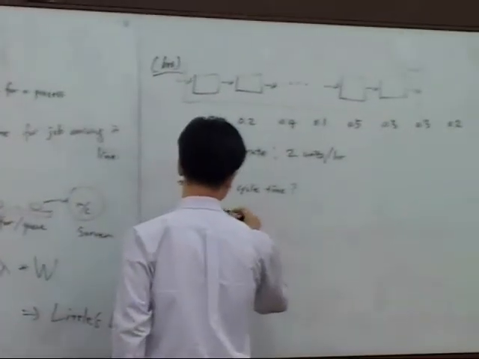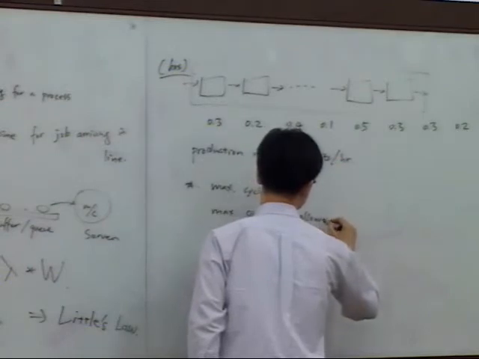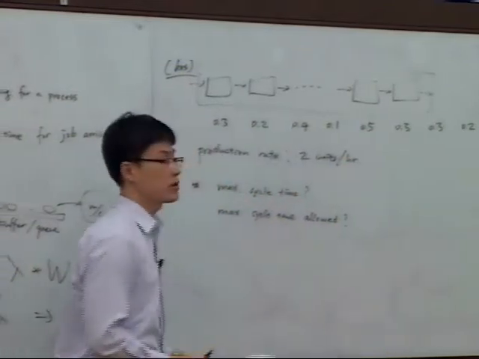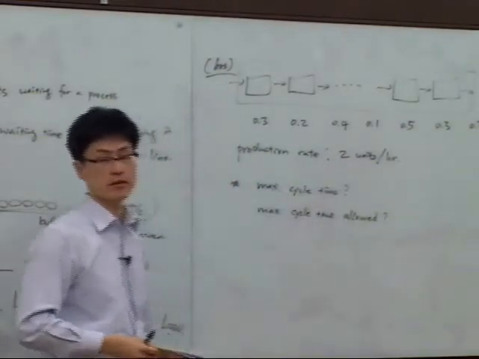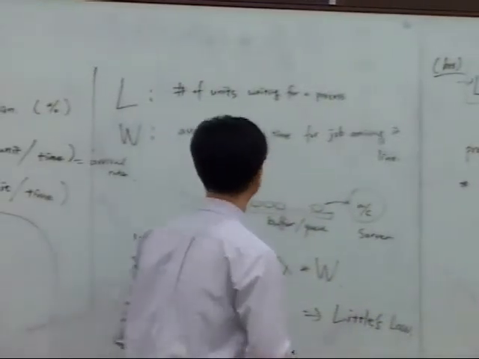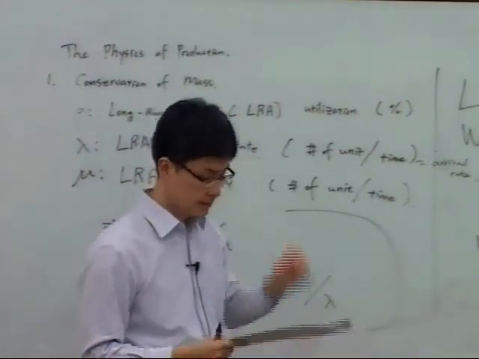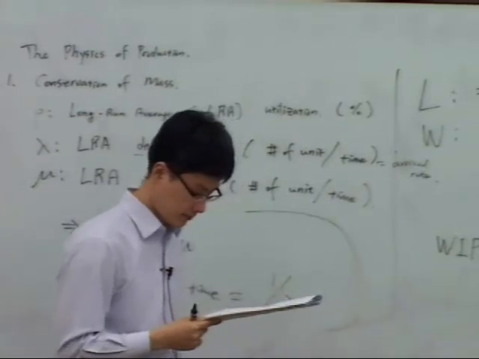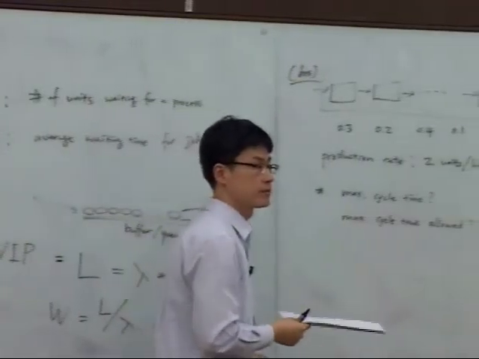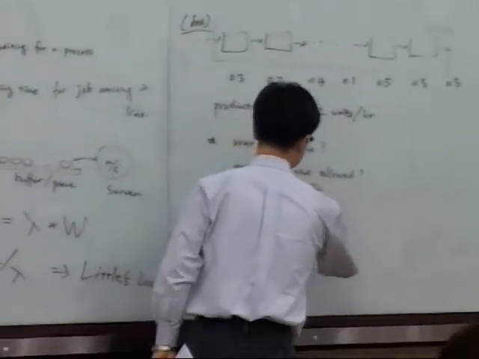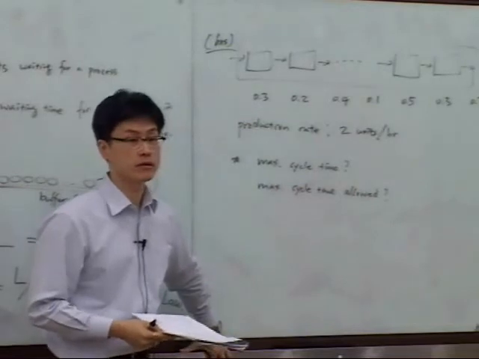And what is the maximum cycle time allowed to make this possible? First things first: what is the maximum cycle time allowed to make at least 2 units per hour?